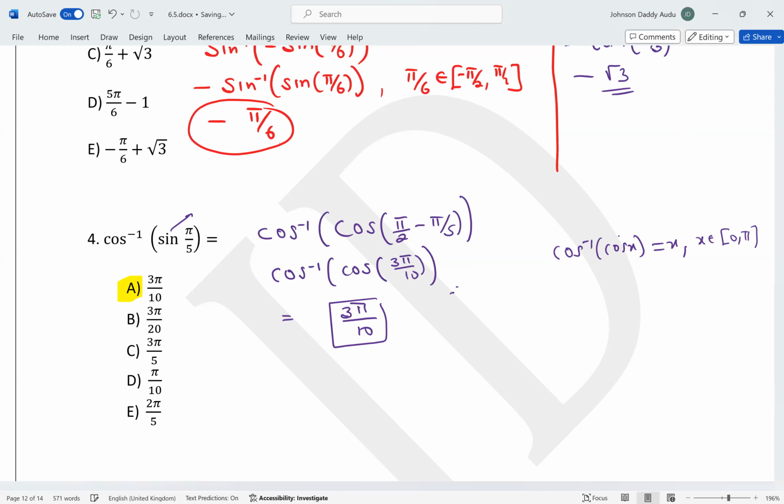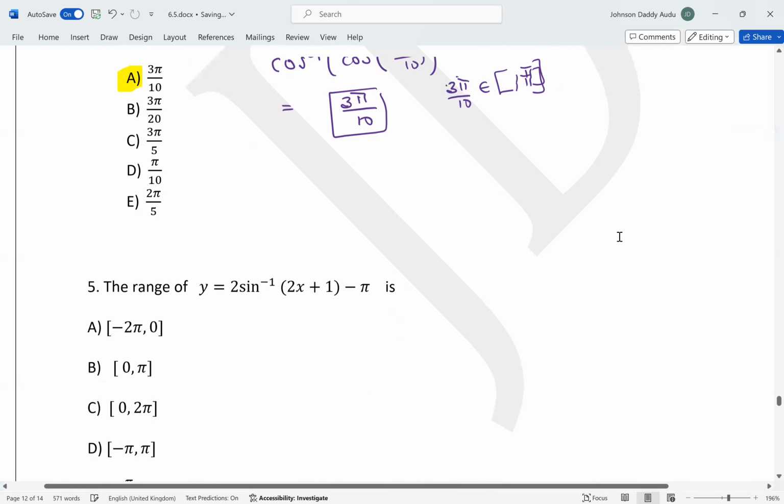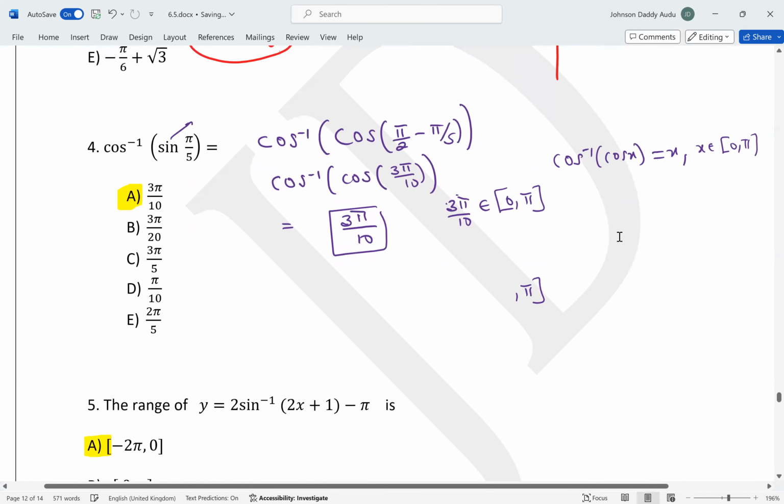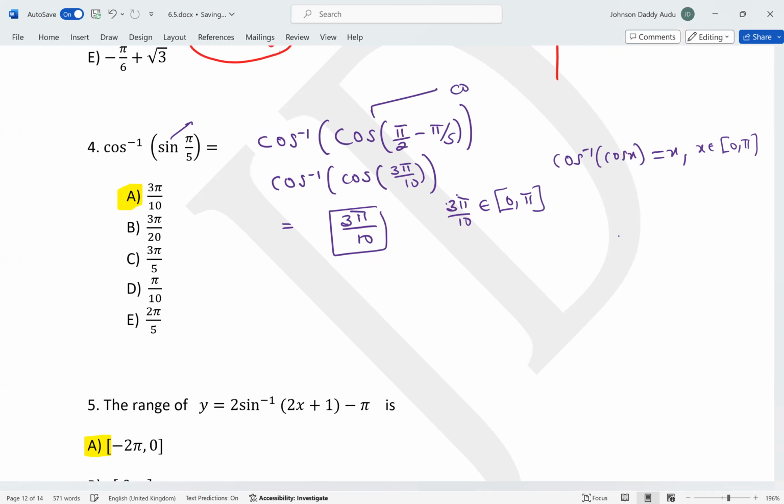Because you will see that 3 pi over 10 is in the interval 0 to pi. So the answer is A. Let me just mark here what we are using here. This is the cofunction identity.